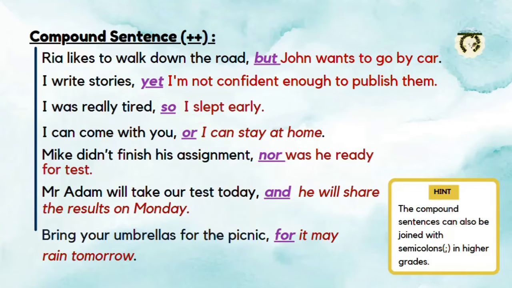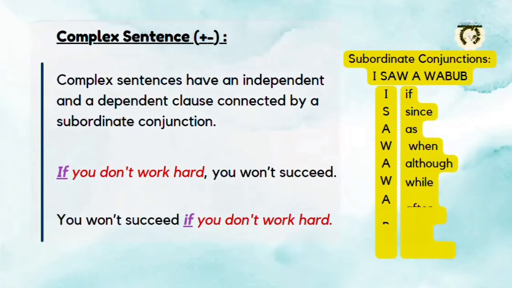The last thing that I want you to look at is that in compound sentences we have two plus signs here, right? These two plus signs indicate that we have a complete sentence here and we have a complete sentence here, and they both are joined by a coordinate conjunction to make a compound sentence. Now we have complex sentences, and let's check out what they do and how they are made.